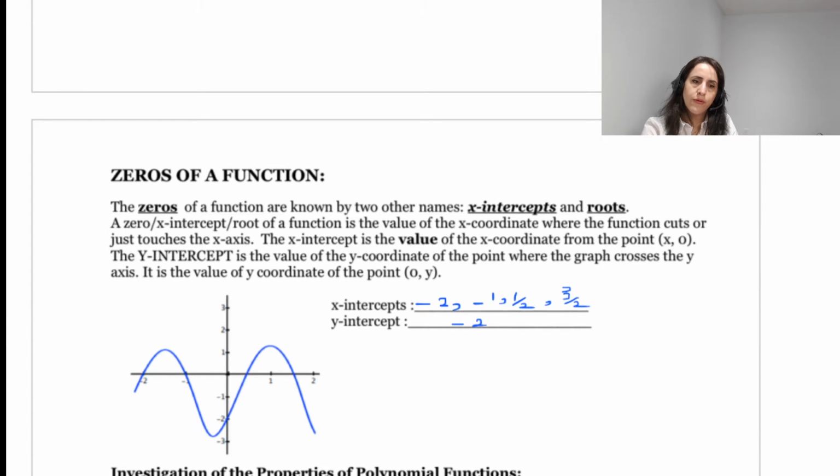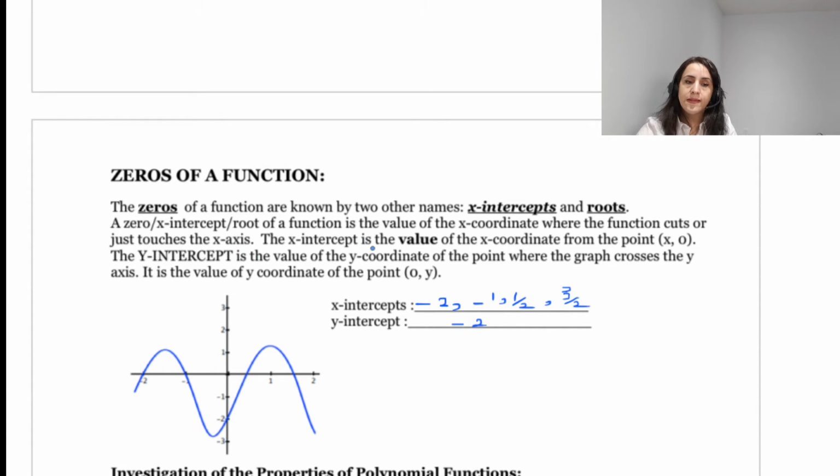A zero or x-intercept or root, you can see any of these words, same meaning, same usage, of a function, is the value of the x coordinate where the function cuts or just touches the x-axis. Whenever we are passing the x-axis or touching the x-axis, we are making an x-intercept.